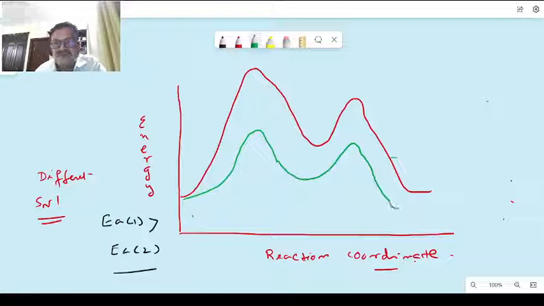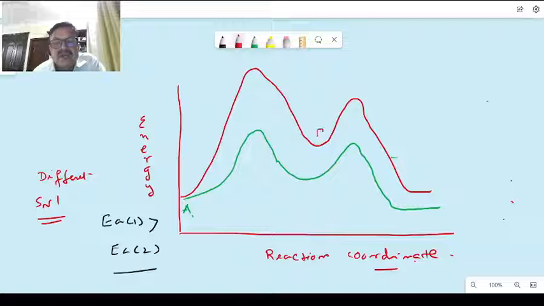There are two curves here, two types of reactions again. So in this figure, the starting material, say A. We can say this is A here. So this A will give the product B here.